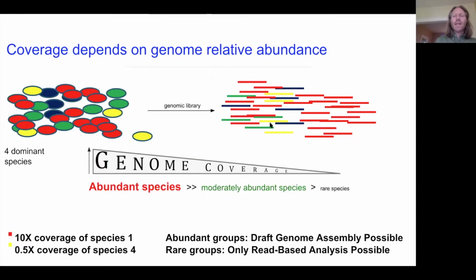And we'll see in this library a reflection of what was in the original population. So species like the red taxa, which are very abundant, will have more coverage in the library compared to moderately abundant species or rare species, assuming that their genome sizes are all about equal.